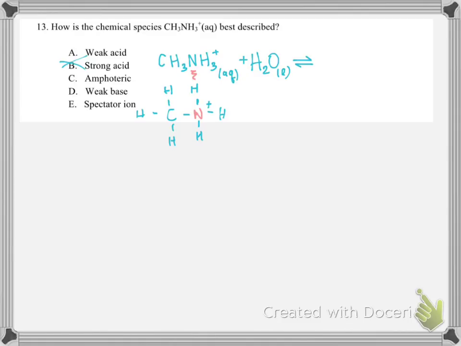Okay, so this nitrogen has 4 groups surrounding it. When a nitrogen has 4 groups, it has nowhere else to put any more hydrogens, so instead it will end up giving up a hydrogen. So this will in fact be a weak acid.